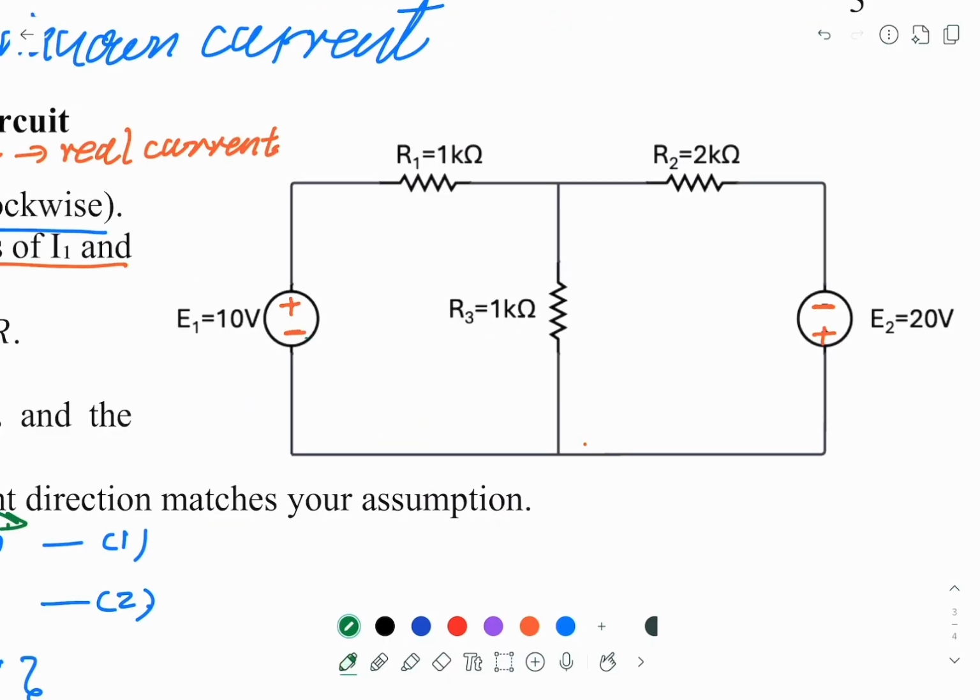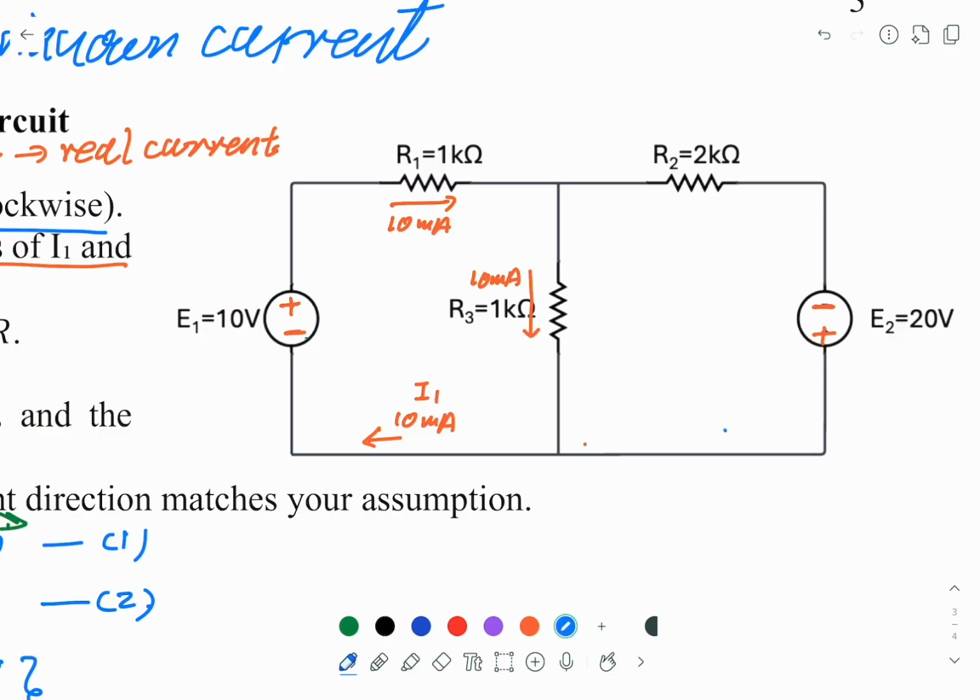So we assume I1 flows in the left side of the loop clockwise. So this is I1, this is 10, this is I1, so this is also 10 milliamp, and I1 passing down R3 from top to bottom. This is also 10 mA. I2 on the right hand side is also flowing within the loop clockwise.